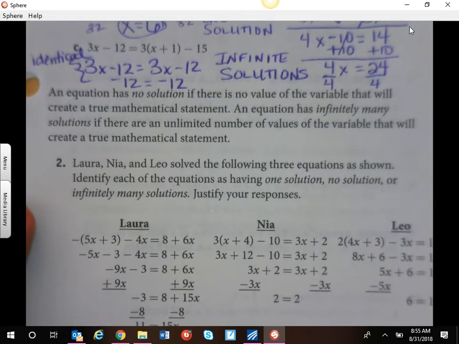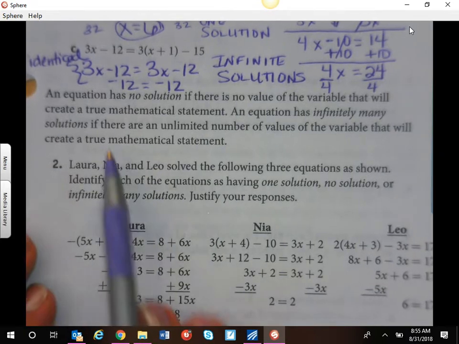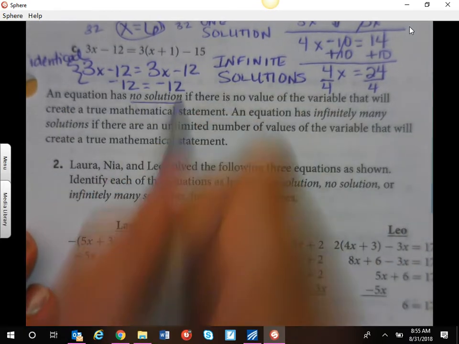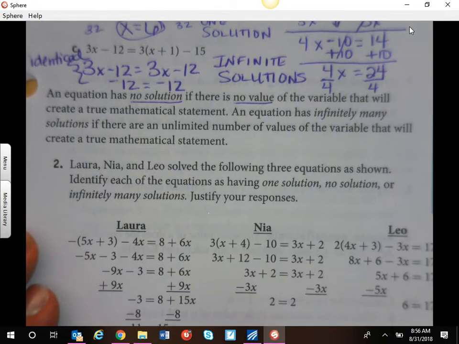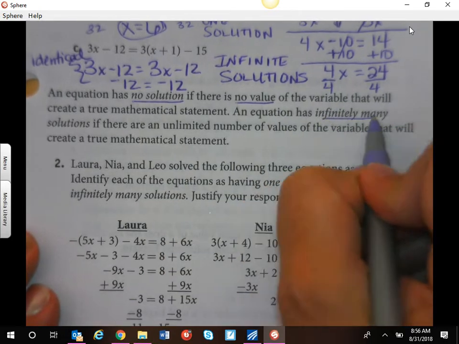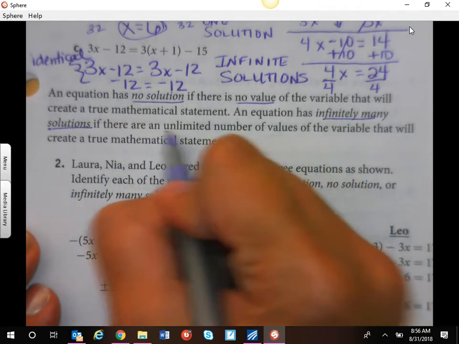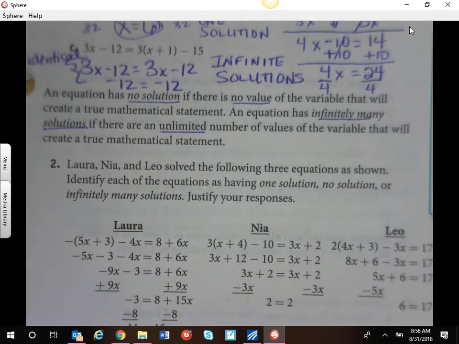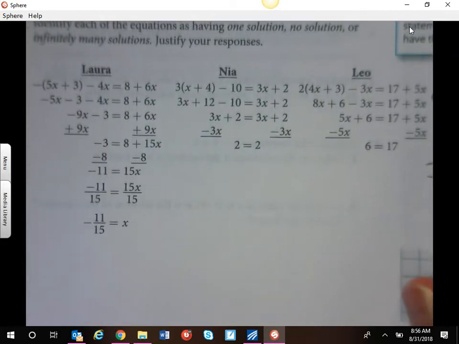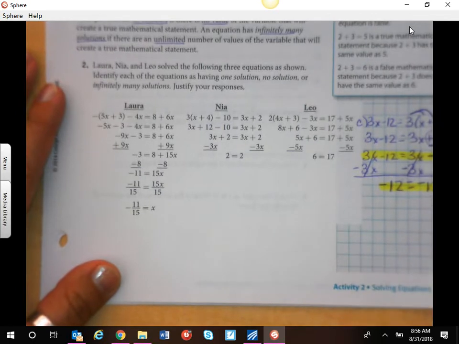So what I want you to do, it says here, an equation has no solution if there are no values that will make it true. It has infinitely many solutions if there is an unlimited number of values that will make it true. So I want you to look at Laura, Nia, and Leo.